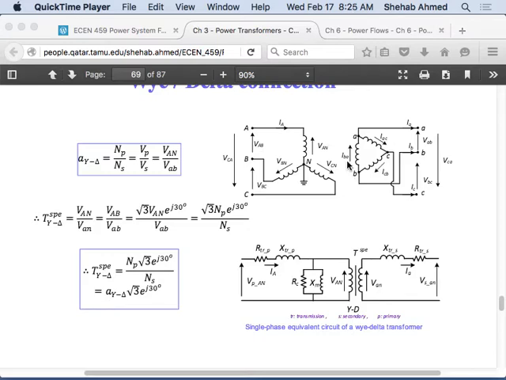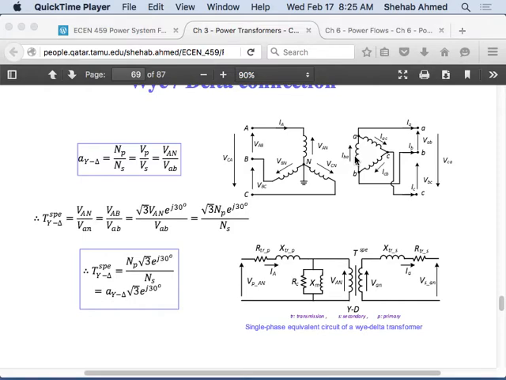Is everybody clear with that? The turns ratio itself is defined by the ratio of the phase voltage on the star, which is VAN capital here for the star, and the line voltage on the delta side.